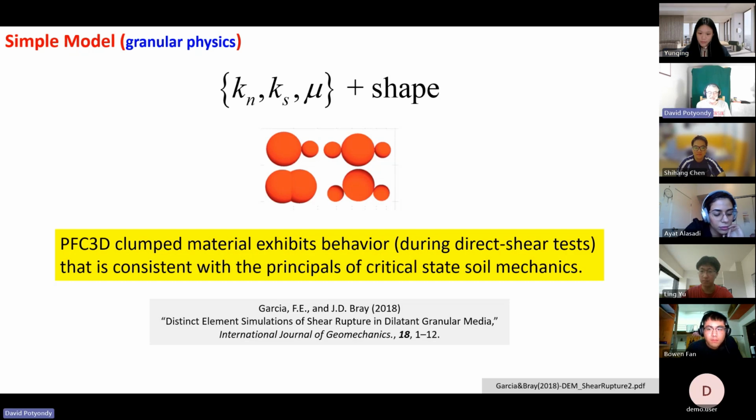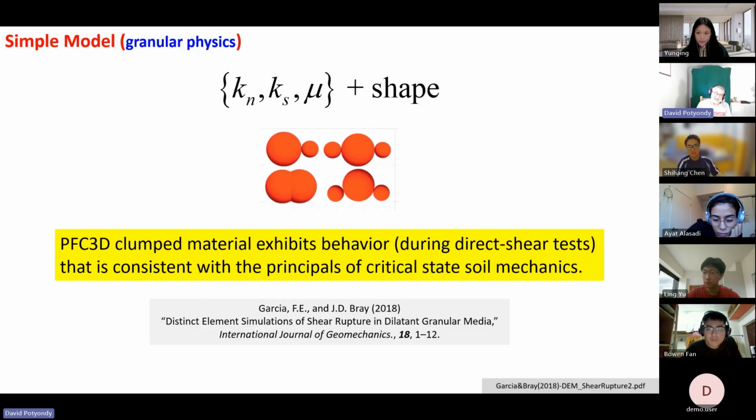And this is a quote from a paper. This was one of my IEP students from 2018, Garcia. And Bray is a very famous geotechnical professor at Berkeley. They wanted to investigate whether this DEM thing actually behaves quantitatively like granular materials, like soil.